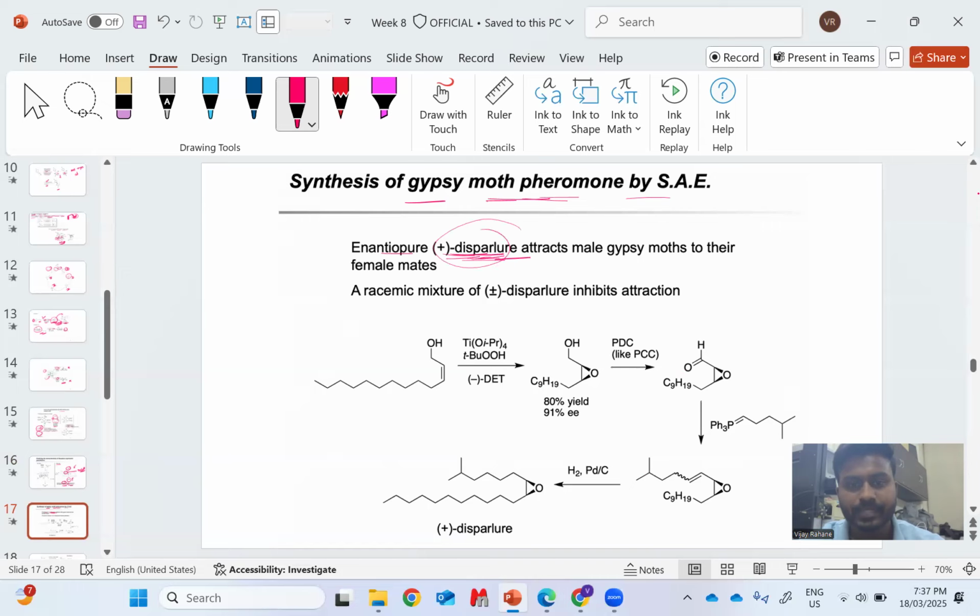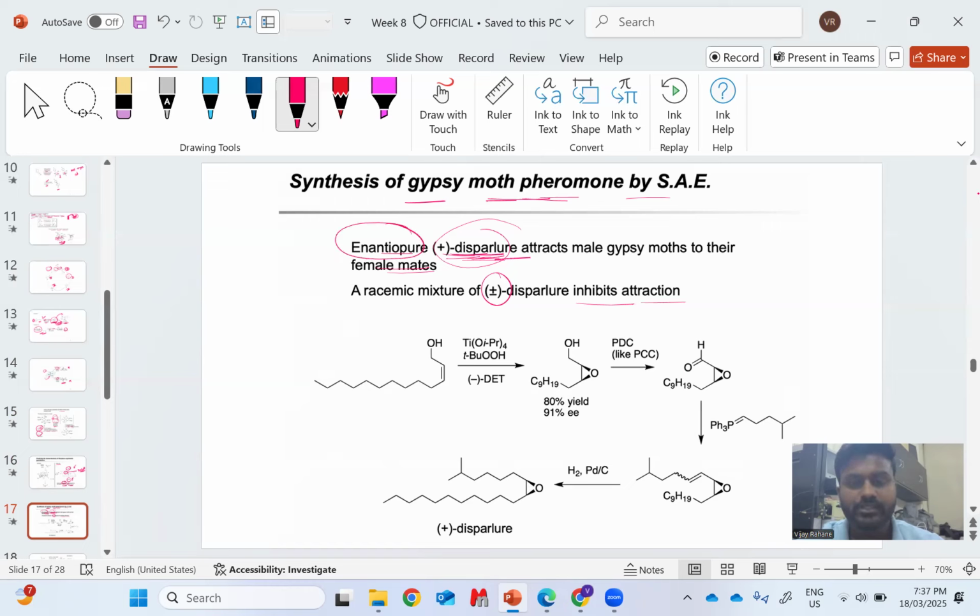This is the chemical which, as the pure enantiomer, attracts the female mate, and if it is in the racemic form, it inhibits the attraction. So you can see the exactly opposite effect. That's the reason why the enantiomer-pure compound is required.